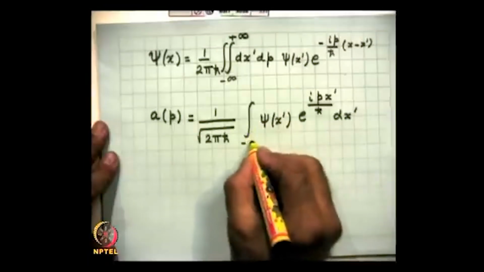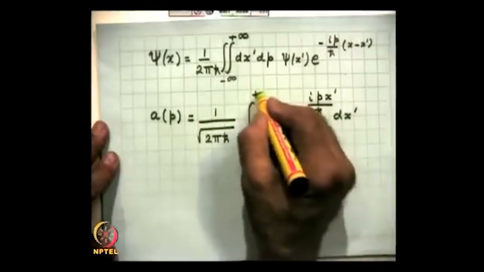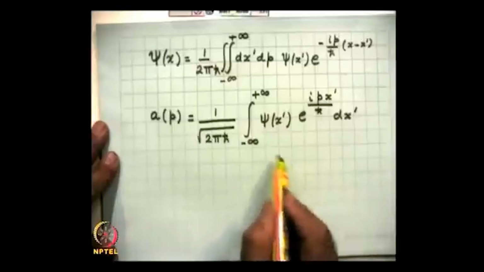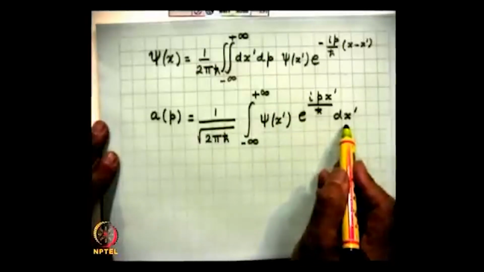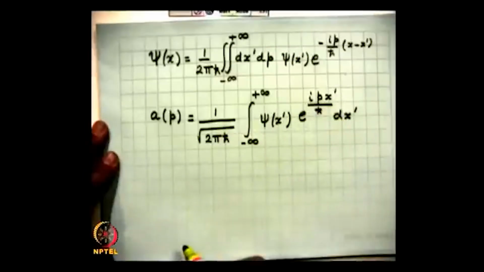This limit is from minus infinity to plus infinity, and since this is a definite integral, I can remove the prime from here.